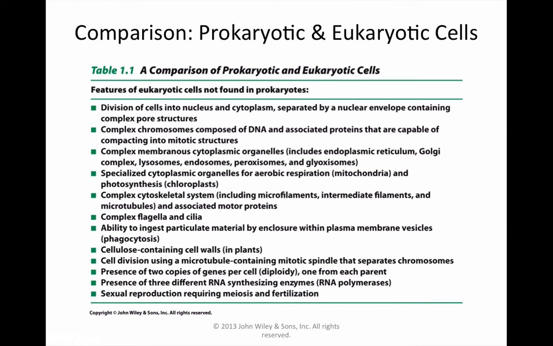We have these complex membranous cytoplasmic organelles, so these little organs, which include things like endoplasmic reticulum, the Golgi complex, lysosomes, endosomes, and things like that. Our eukaryotic cells also have specialized cytoplasmic organelles for aerobic respiration. This includes things like mitochondria, and then we have photosynthesis, where we use chloroplasts.